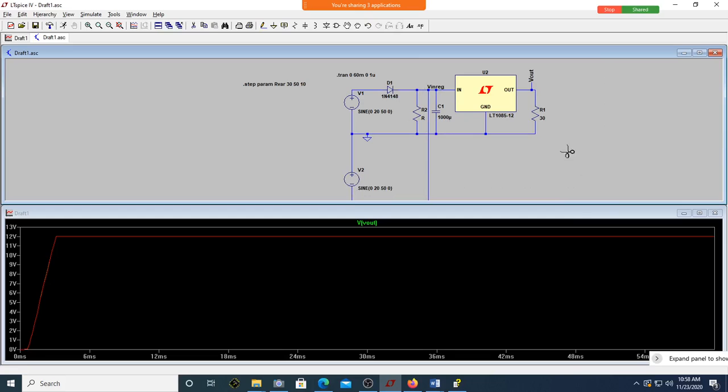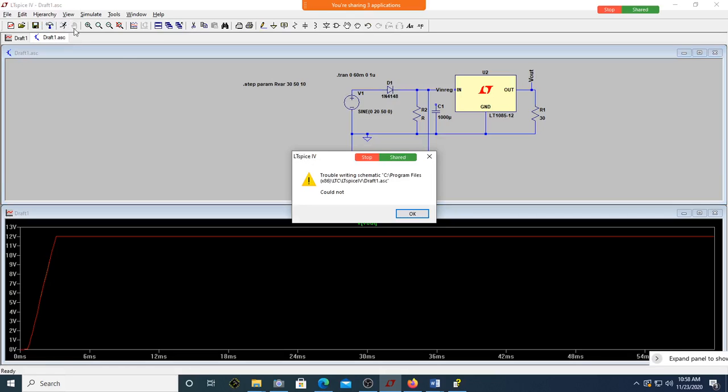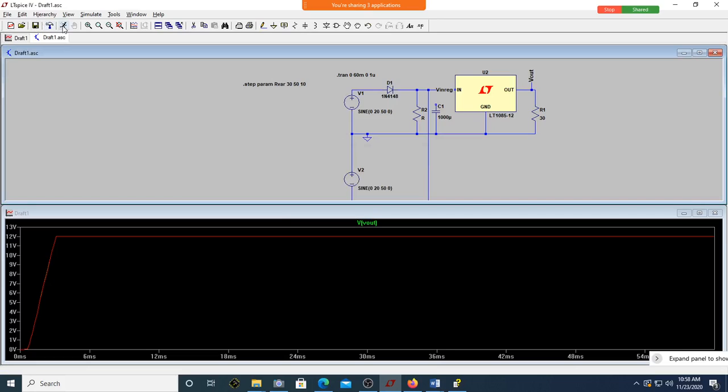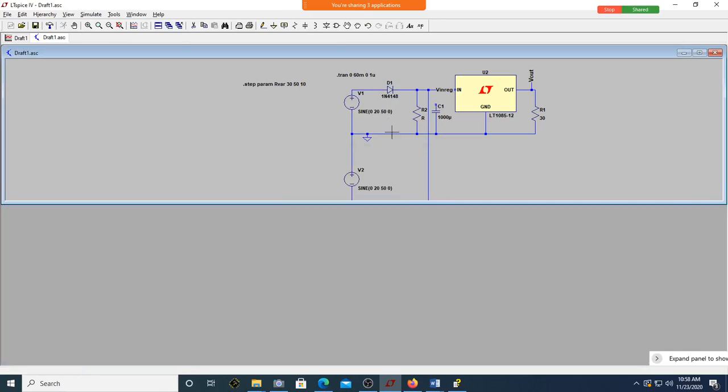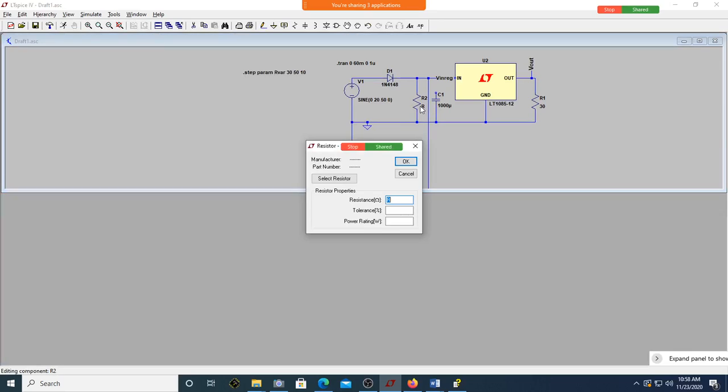I will remove this capacitor and this also. Let me change the value of this to 1K.